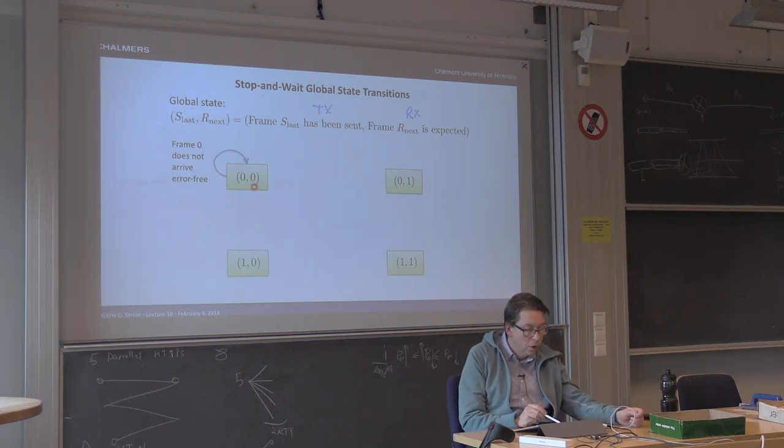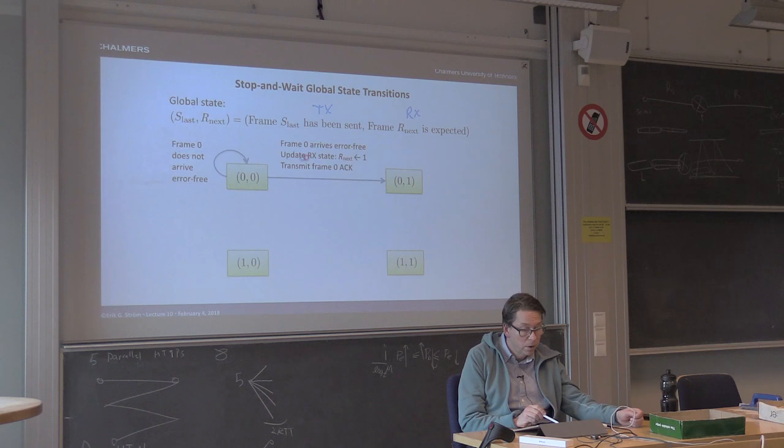But for sure, as long as frame 0 is not arriving error-free, then R next will never change. The transmitter will never transmit frame number 1 because it's still trying to transmit frame number 0. Okay? So it would just go around here, round here, until this following event happens, that frame 0 arrives error-free.